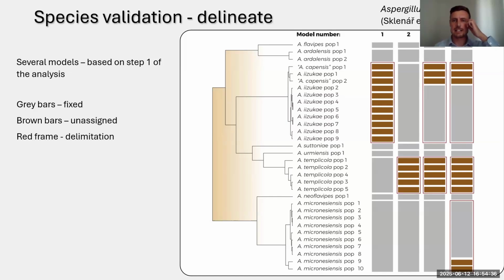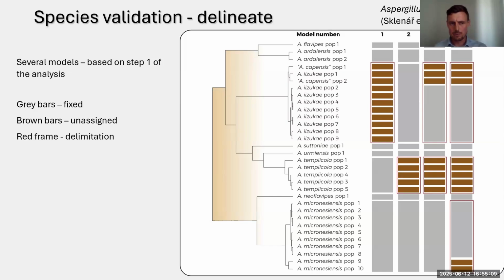And in this case, the gray bars show the fixed lineages, which the software is sort of teaching itself from, based on these fixed parts of the tree that you decide to fix for the software. And then the brown bars represent the unassigned lineages that will be delimited.